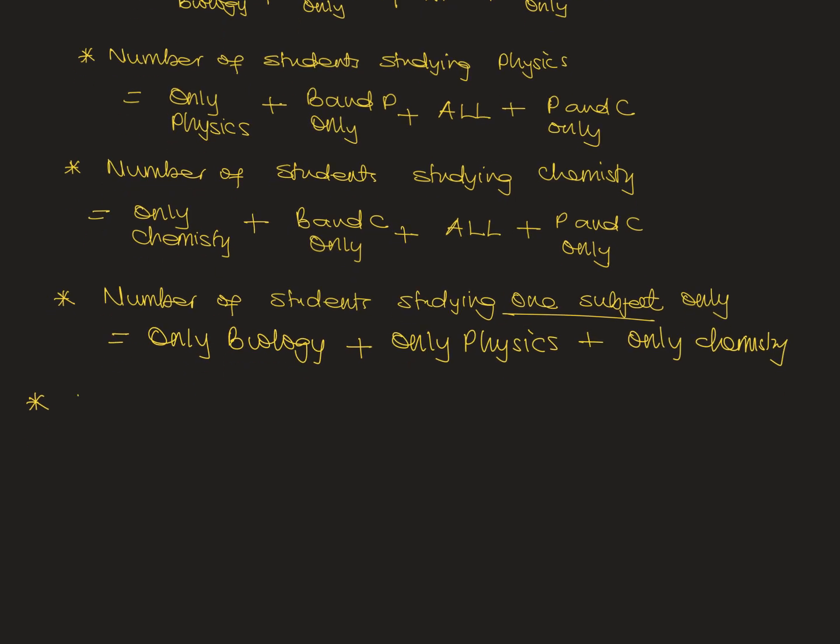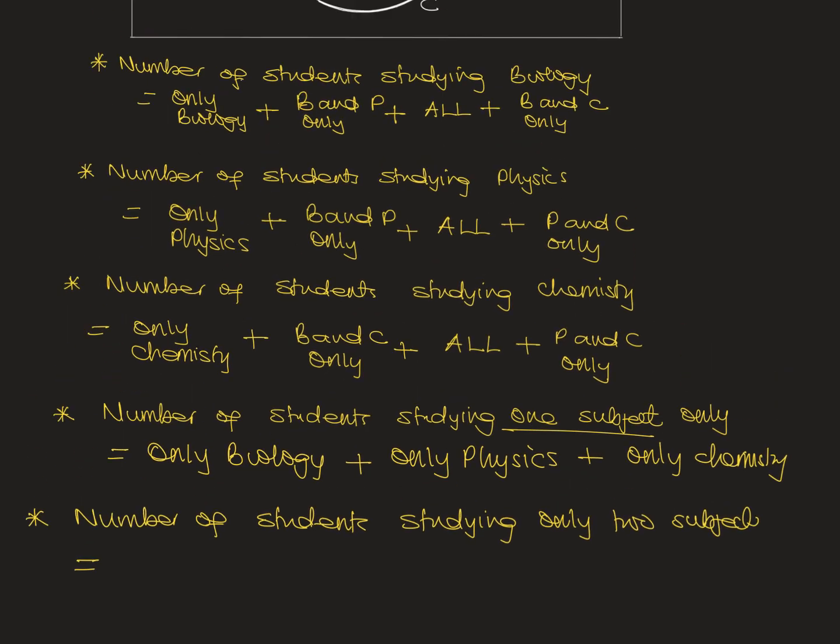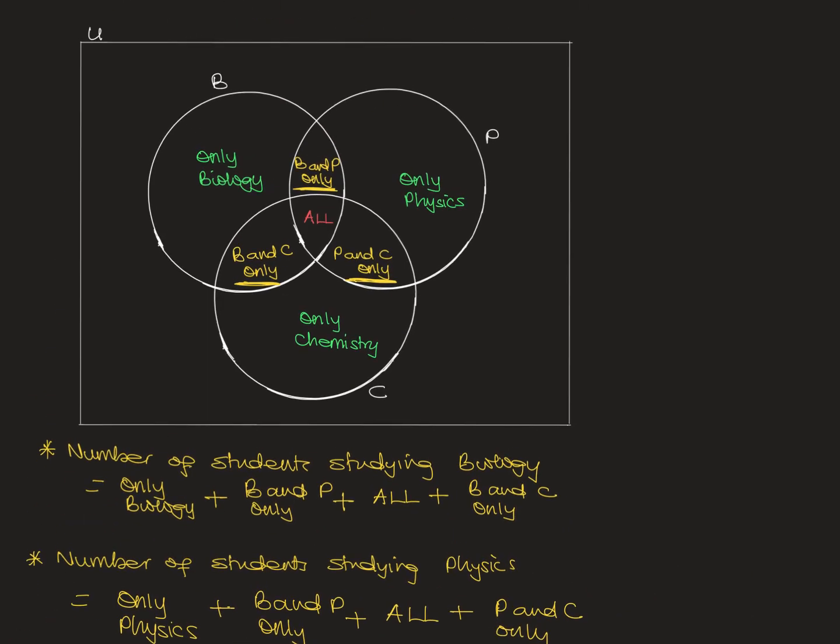So what of the number of students studying only two subjects? How will I be able to find that? Those studying only two subjects will be those studying biology and chemistry only, plus those studying physics and chemistry only, plus those studying biology and physics only, right?